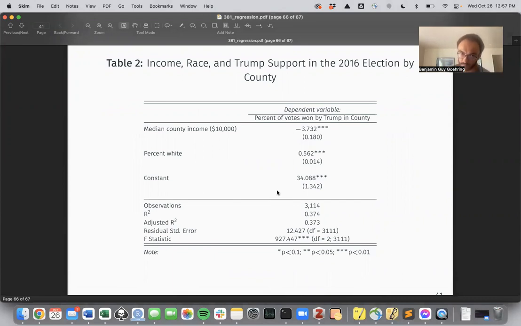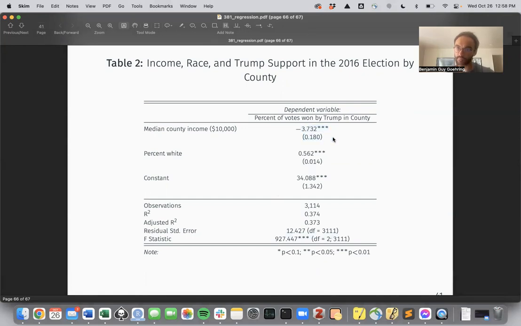So this is saying that holding fixed a county's median income, an increase in the share of the county comprised of non-Hispanic whites of 1 percentage point correlates with an increase in support for Trump of 0.562 percentage points. So holding fixed how much income people in that county make, as the county becomes whiter, it supports Donald Trump more.